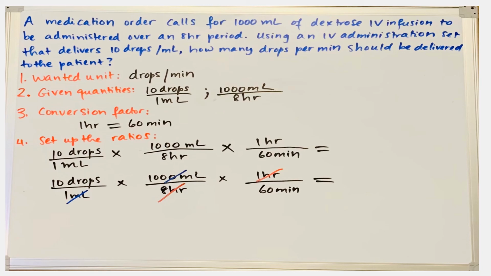And for your conversion factor 1 hour and 60 minutes, you want 1 hour on top because you want that to cancel out with the hour from 8 hours. Also, your final answer should be in drops per minute, which means minute has to be at the bottom.